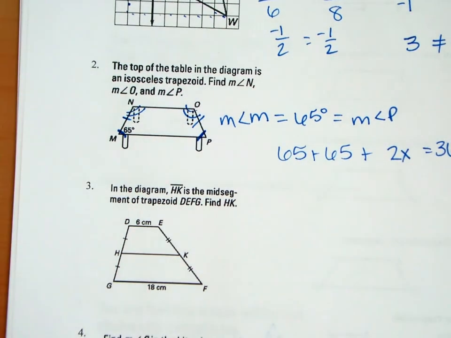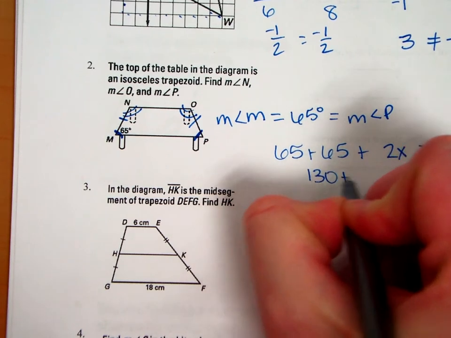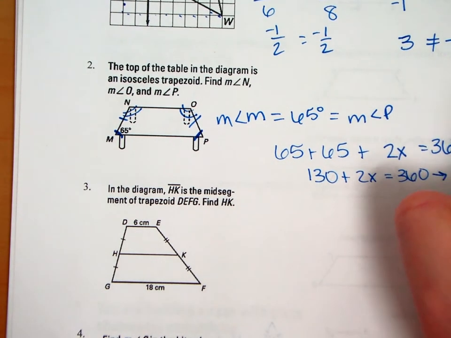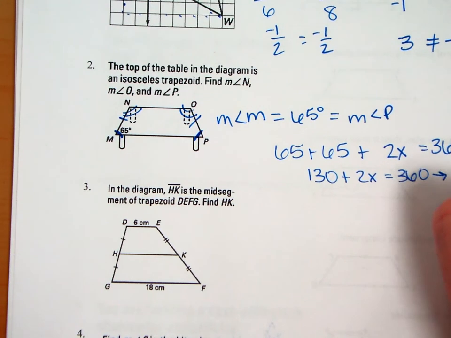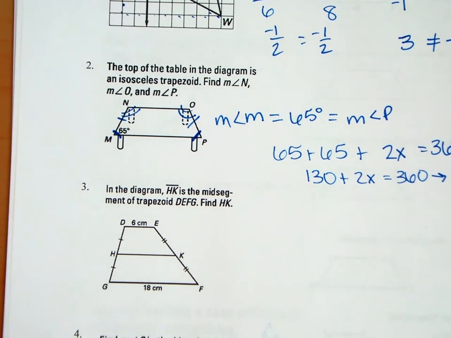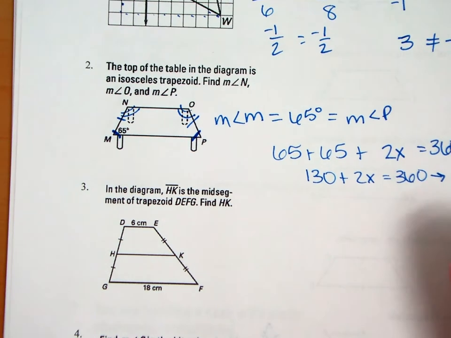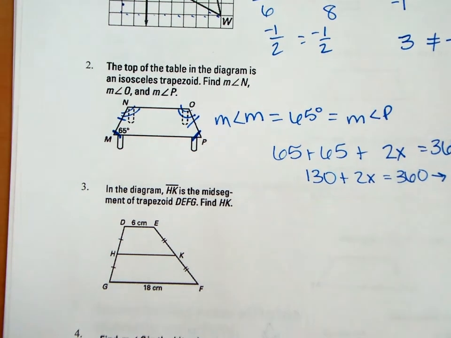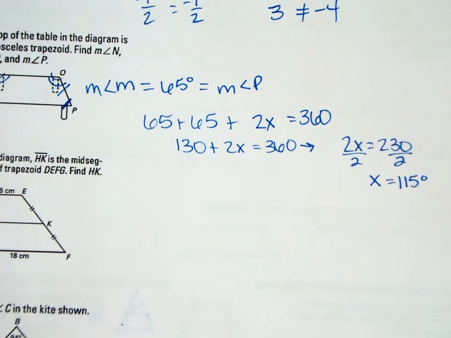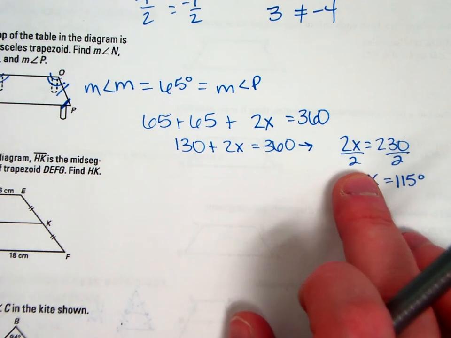So 130 plus 2x equals 360. 2x equals 230. Divide by 2, x equals 115. So that's how we find the missing angles of an isosceles trapezoid. So I subtracted 130, divided by 2, and got 115.